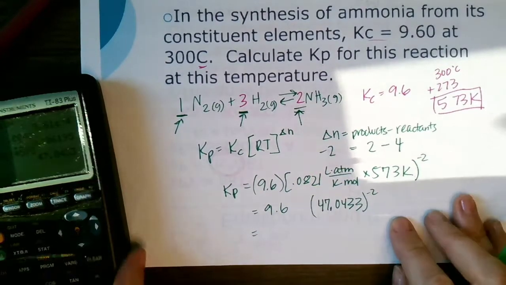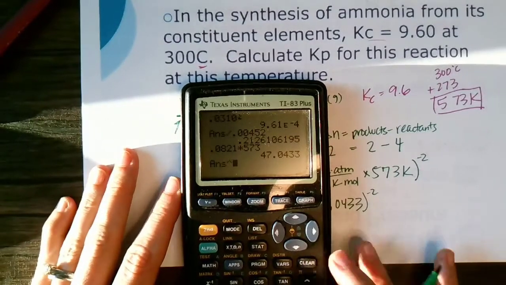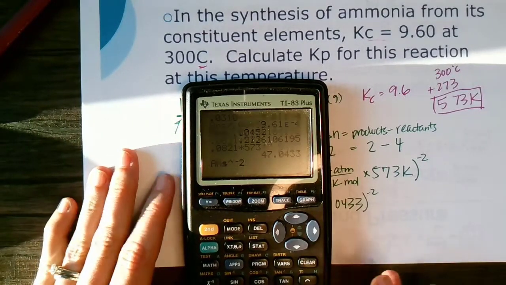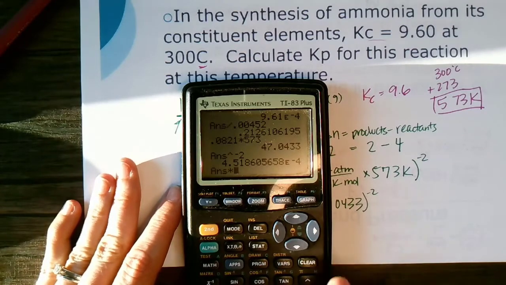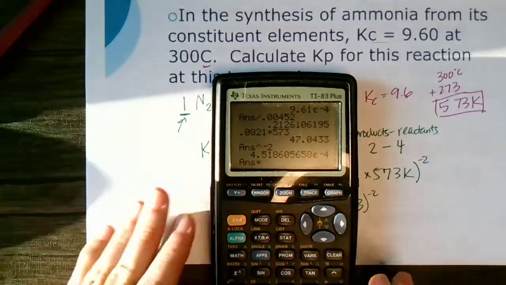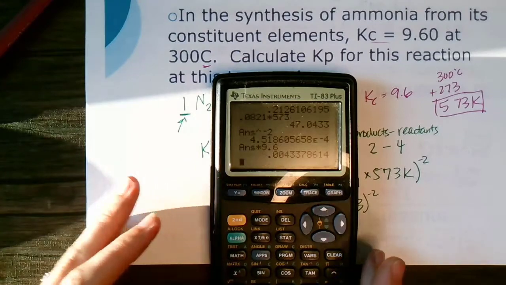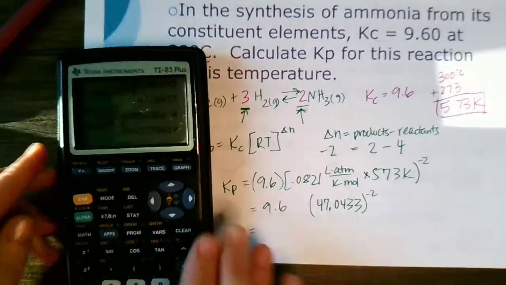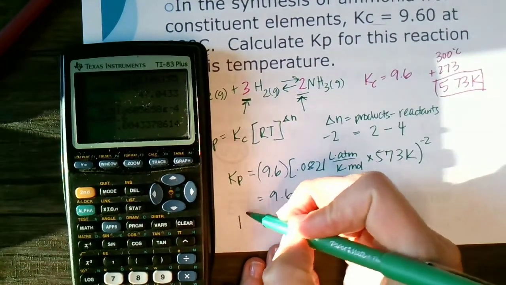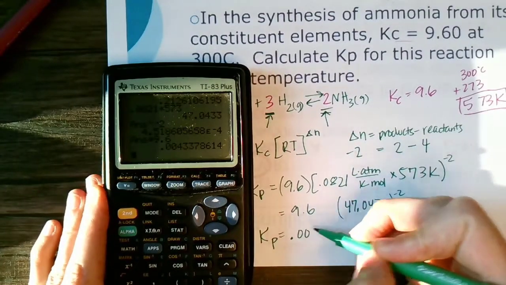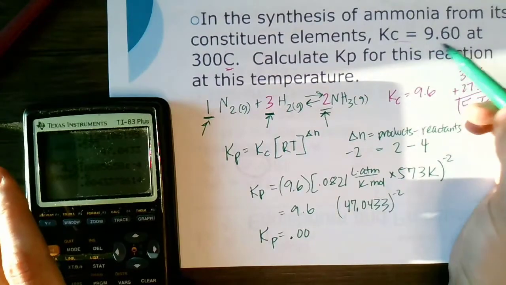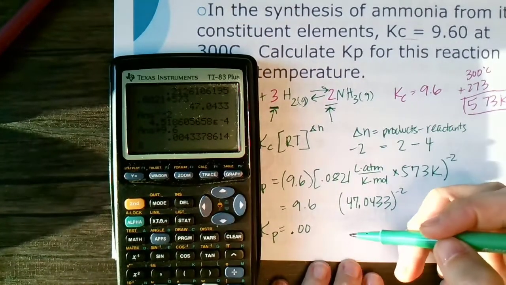So let's raise this to the -2. And then I'm going to multiply by 9.6 to get an equilibrium pressure constant of 0.00, how many sig figs? 3 sig figs? 0.00434.